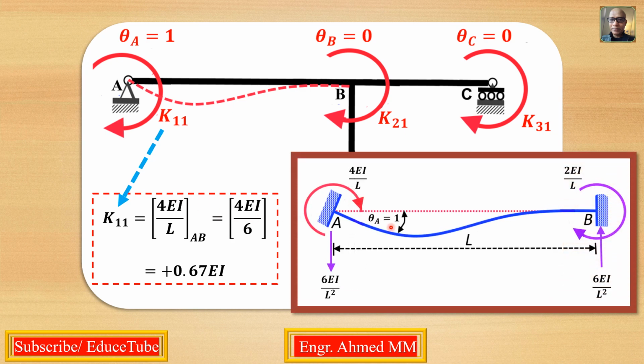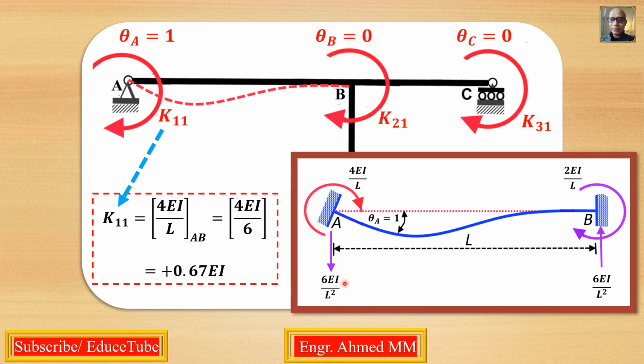If we look at this member AB, we give rotation here, theta A equal to 1. Due to that, the moment needed is 4EI over L, but the condition is that when we do this rotation, the far end must be fixed, and the moment generated there is 2EI over L. These two moments are clockwise.